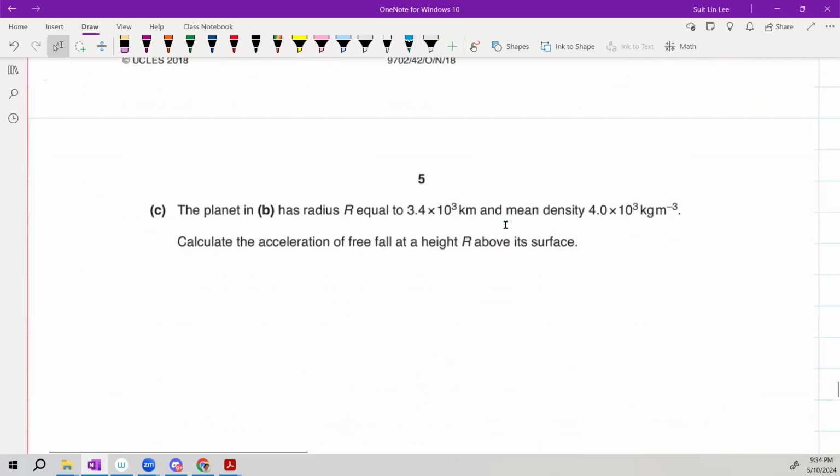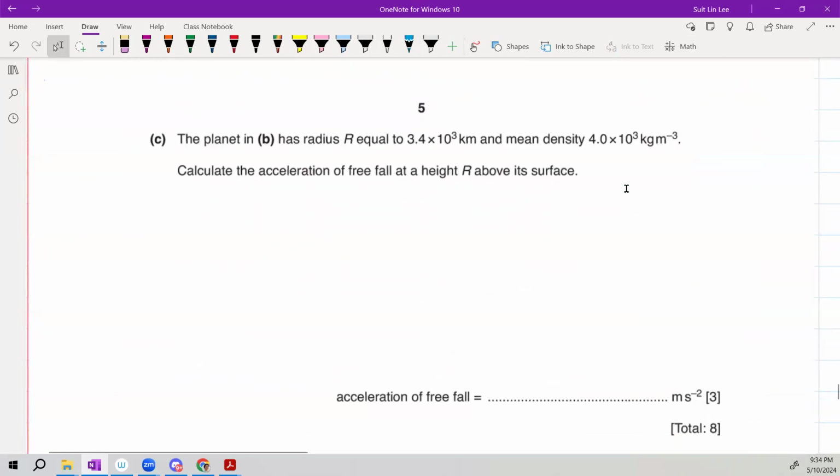Okay, moving on. The planet in part B has a radius of this much and a mean density of that much. So density is mass over volume, which is mass over 4/3 pi r cubed. Calculate the acceleration of free fall at a height R above the surface.